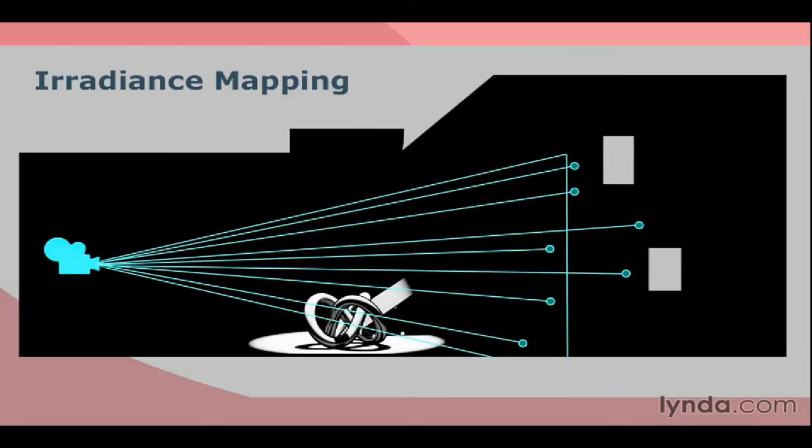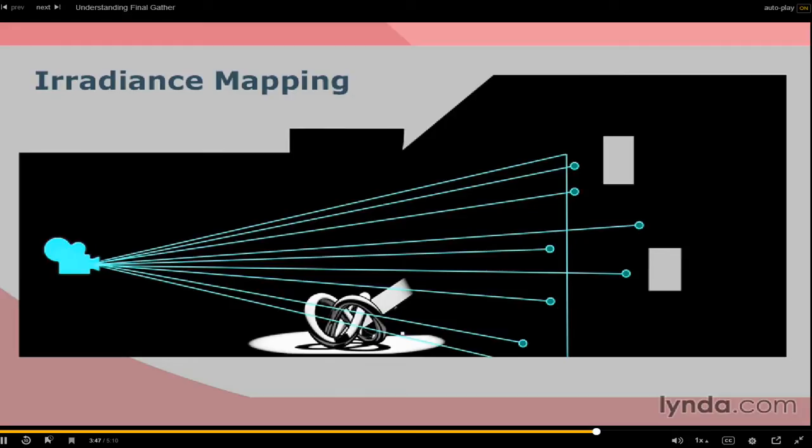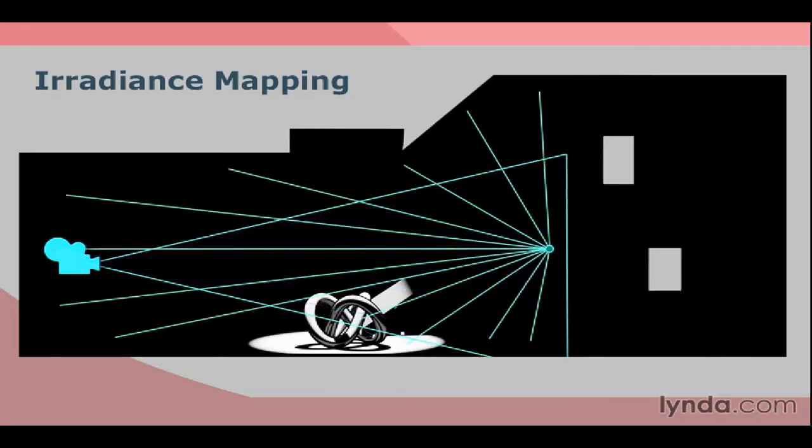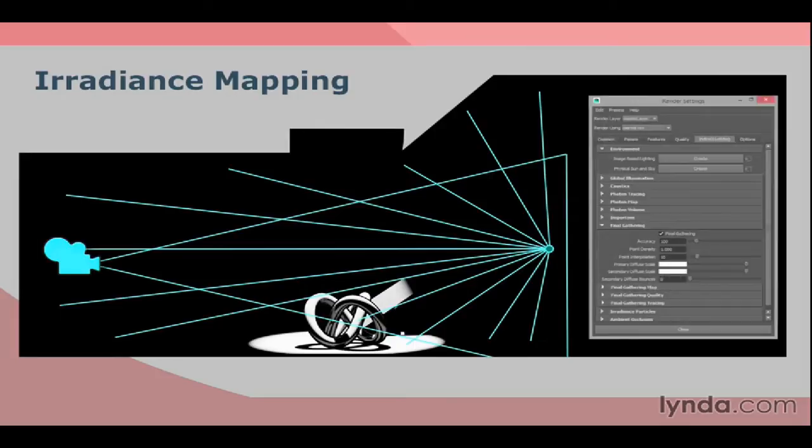Once these initial Final Gather points have been placed, and here we will focus in on just a single sample, a hemispherical dome of rays is then traced from each and every Final Gather point in the scene. These are sent out to more accurately calculate the level of illumination that ought to be displayed in the final render. The number of secondary rays used here is set by means of the accuracy control.